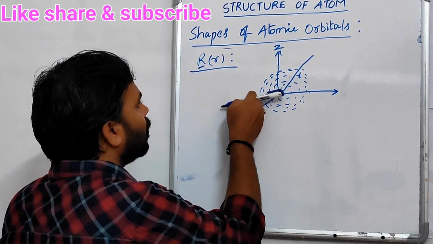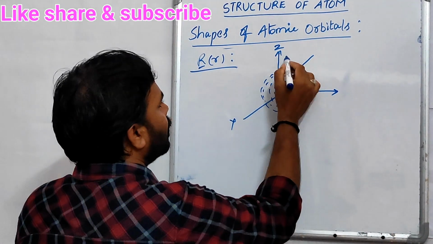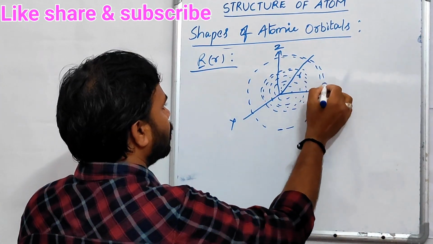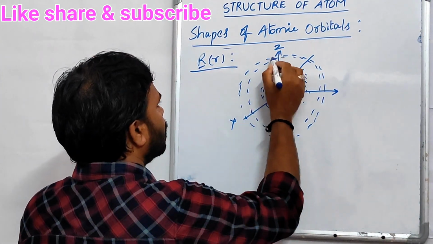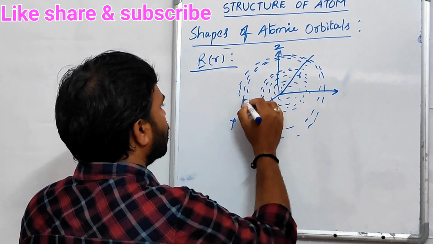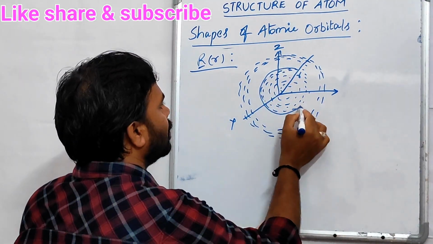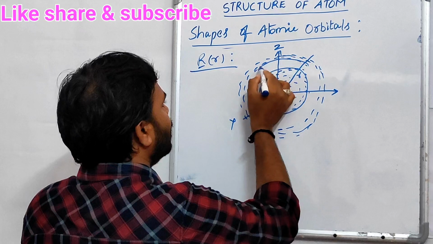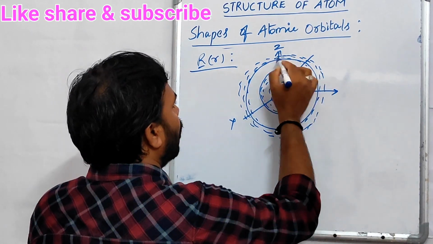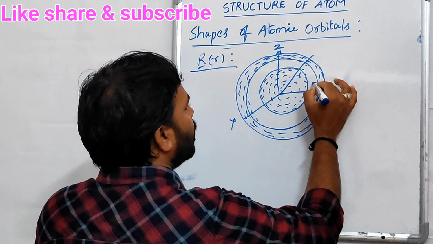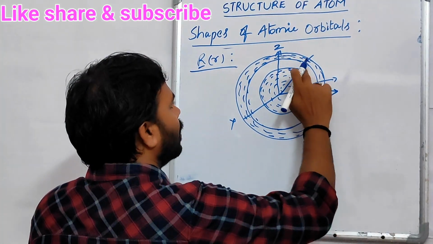It also gives information about the electron density present in this region. In this region electron density is more, and in this region electron density is more. In between these regions, there is no electron density present.